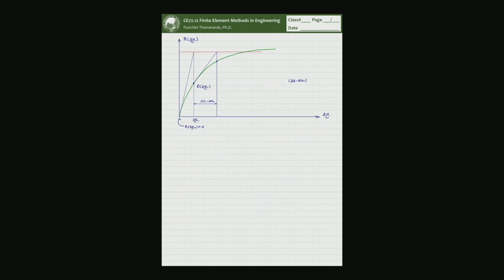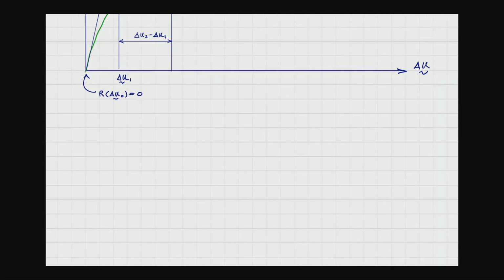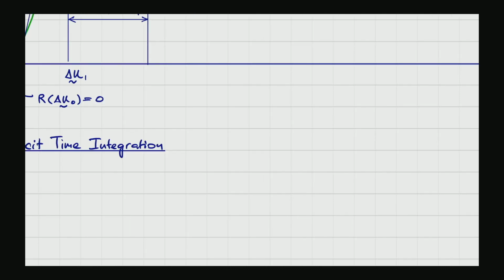Okay, so let's take a look into this explicit time integration. We can call it a central difference.